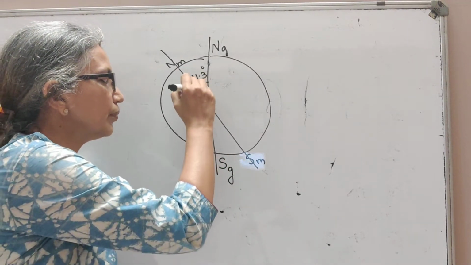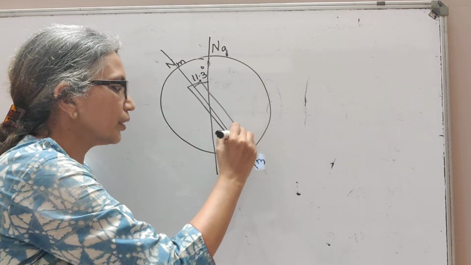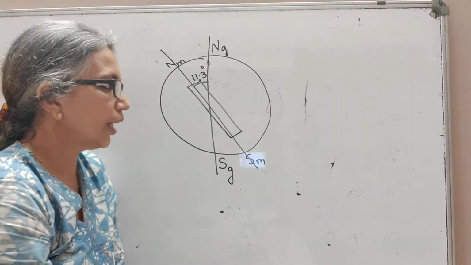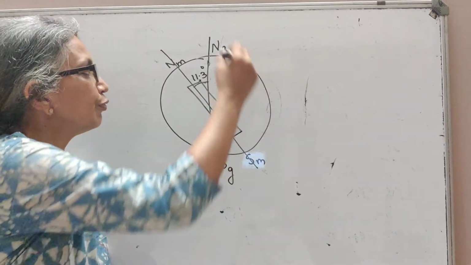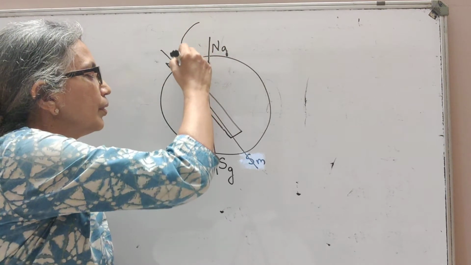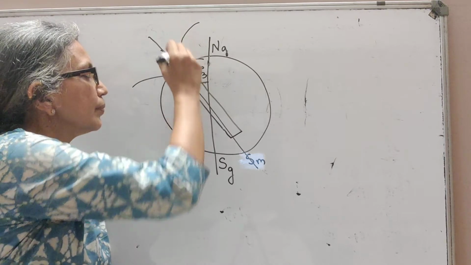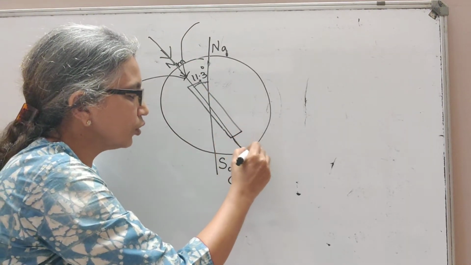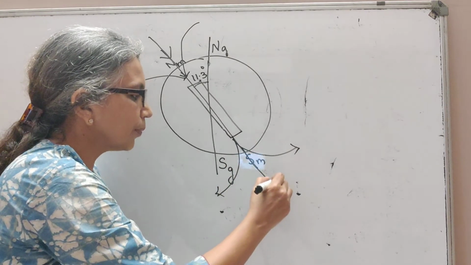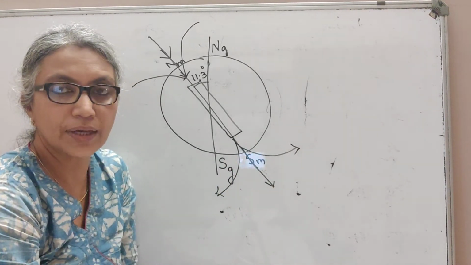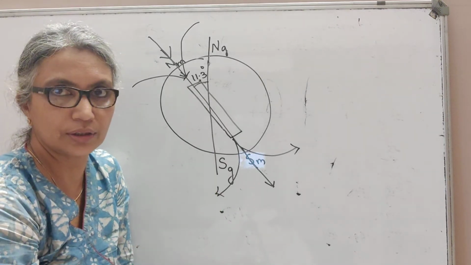So our Earth behaves as if it has its own magnetic dipole, as I told you. And actually, if you look at the magnetic field lines of the Earth, the field lines come into the Earth at the magnetic north pole like this, and from the south pole, the magnetic field lines leave the Earth. Now for a bar magnet, you know that the magnetic field lines enter through the south and leave through the north, right?